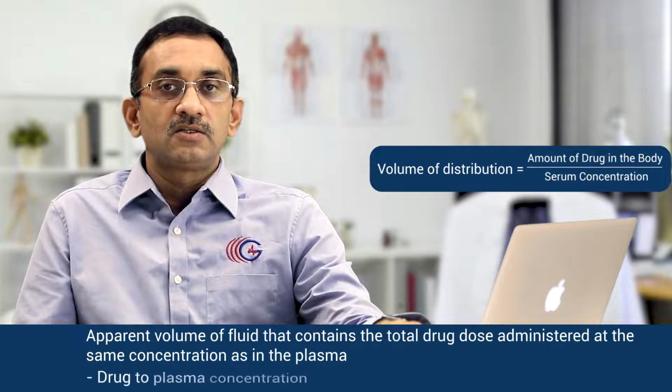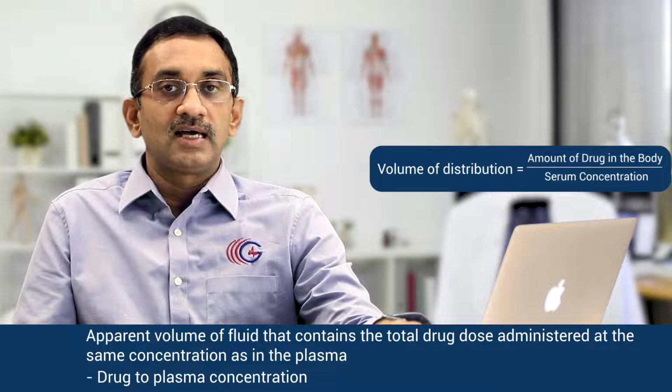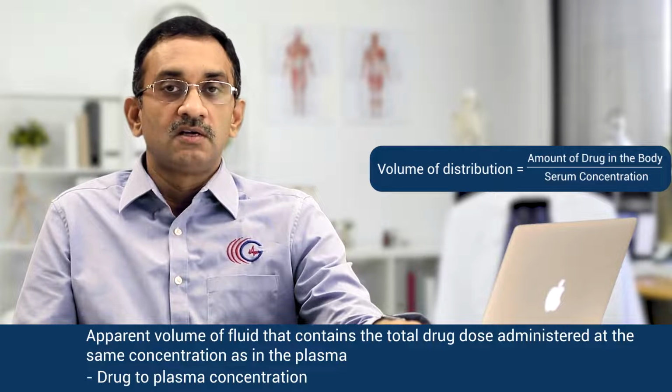What is volume of distribution? It is the relationship between the total amount of drug in the body to that of the plasma concentration. For example, if I give a drug by whatever route, oral route, IV route, whatever route I give, and all the drug is only inside the vasculature or the blood compartment and there is not much diffusing out of the blood compartment, then we would say the volume of distribution is small, because the total amount of drug in the body and the plasma concentration will almost be equal or very minimal.